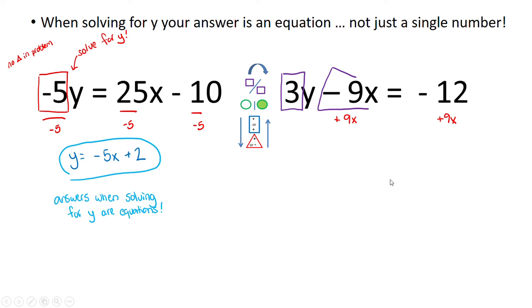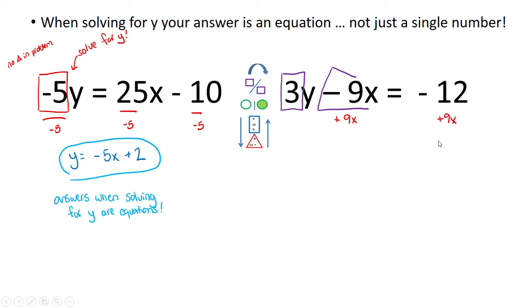Okay, now here comes one of the most important rules in math too, in algebra. When you do this right-hand side and you have negative 12 plus 9x, your answer is not negative 3. Your answer is not positive 3. Okay? Also, do not type this in your calculator because you cannot type 12 plus 9x. You don't want to type x in your calculator.